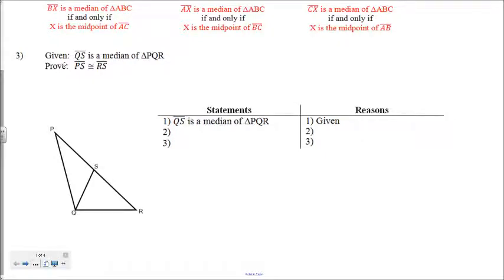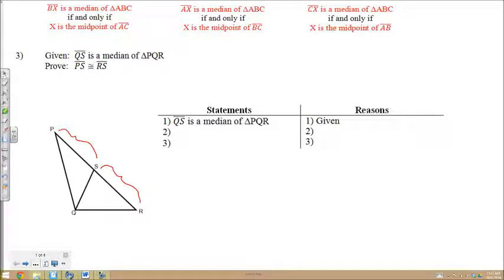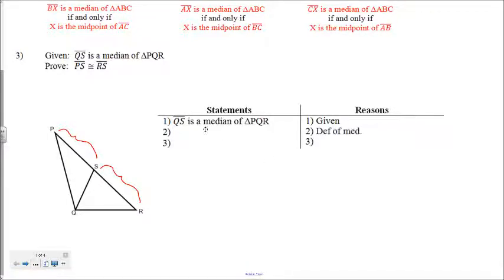In example 3, we're given that QS is the median of triangle PQR, and we need to prove that PS, this segment, is congruent to RS, this segment. Well, it may seem obvious, but it's actually a three-step proof. First, using what the definition of median says, we can conclude that QS is intersecting this opposite side at its midpoint.